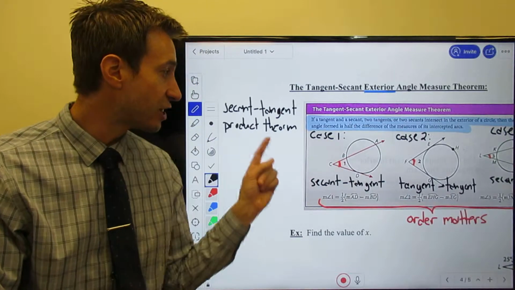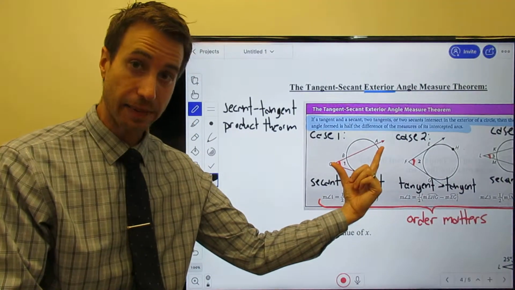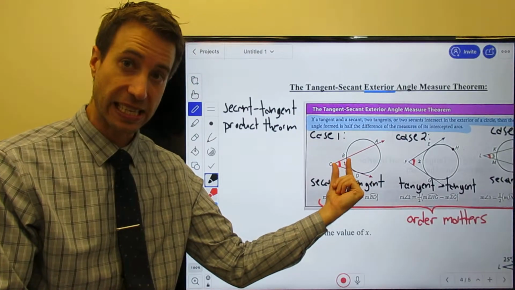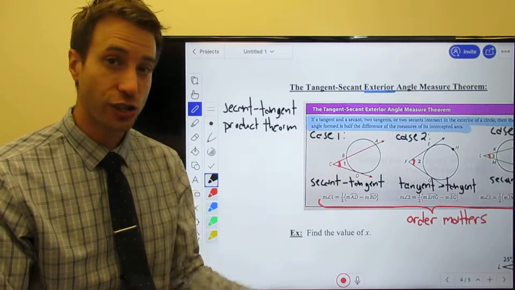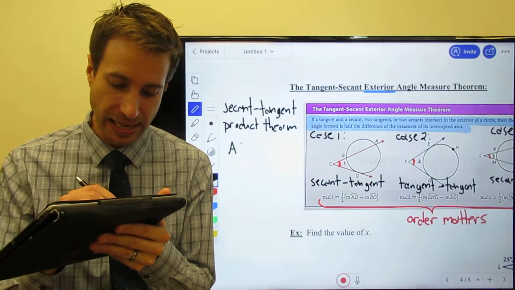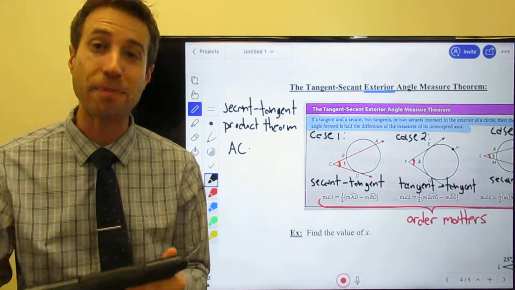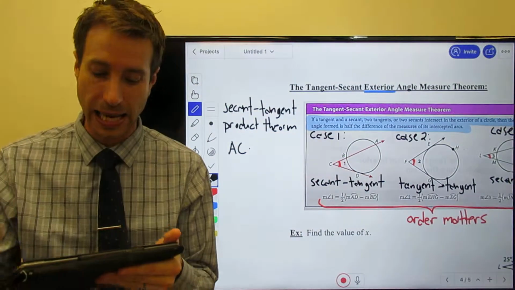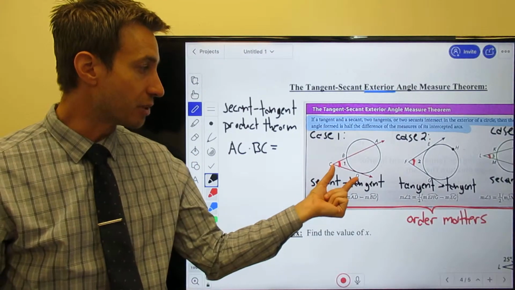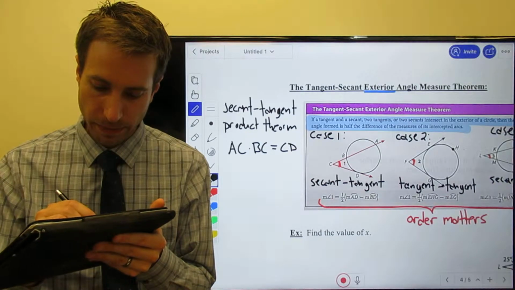That secant tangent product theorem said this: if you have a secant segment and an external secant segment, and then you have a tangent segment, the theorem works like this: you take the secant segment, AC, and multiply it by the external secant segment, BC, and that has to be equal to the tangent segment squared.